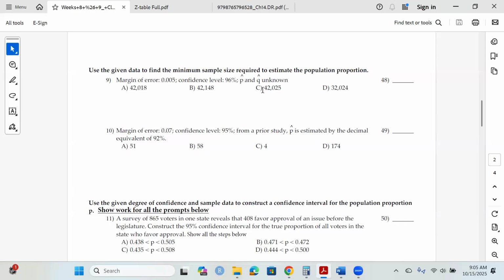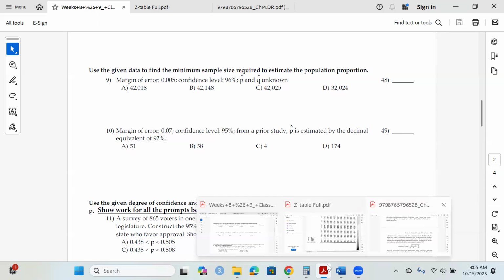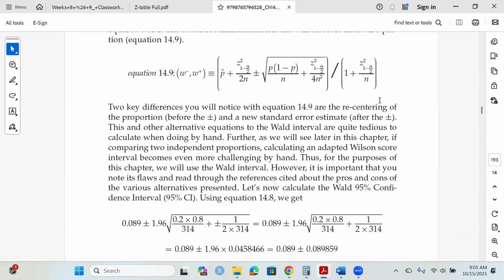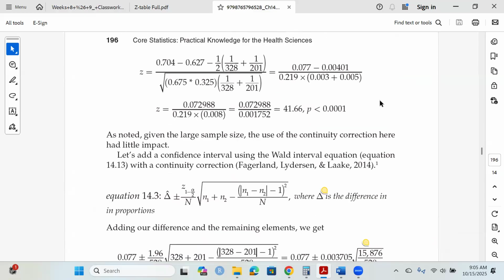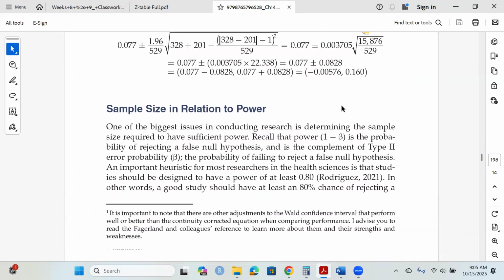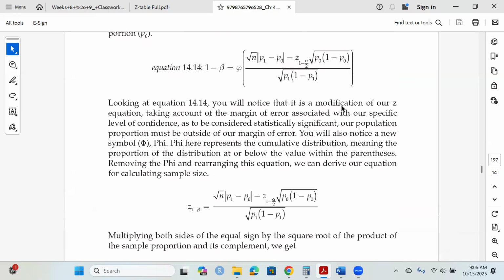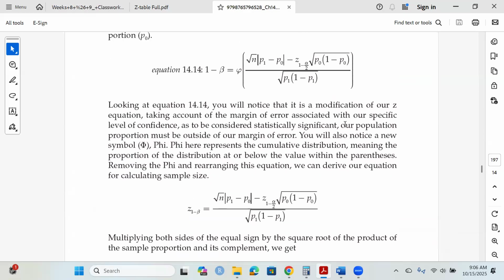I did these calculations and I did not get 42,000. What I used, in my book, I talk about calculating sample size. Here I derive the equation for calculating sample sizes, starting with the power, right? 1 minus beta.